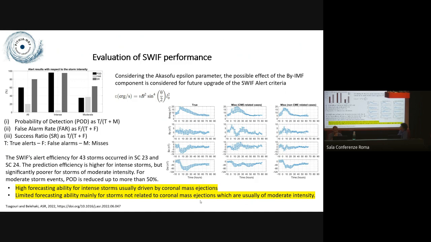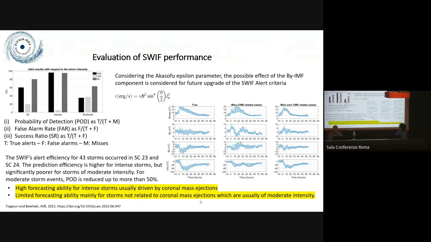Now, what we have seen is that in the case when the alert is missed, we have some important variation in the BY component of the IMF in both cases. Whereas when we have just a CME and it was successfully forecasted, the BZ component showed the most important variation in the IMF, but the BY component was not so importantly varied.